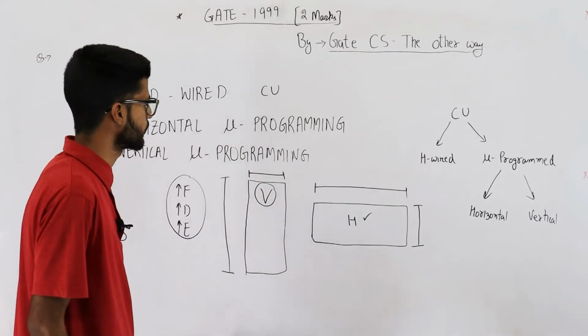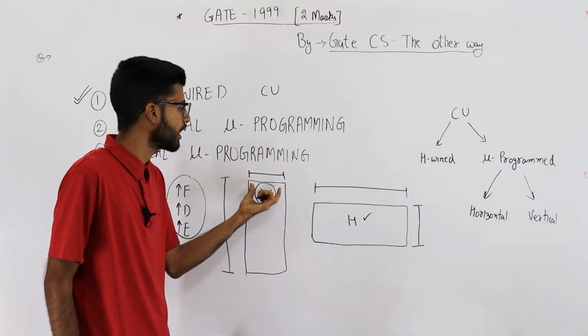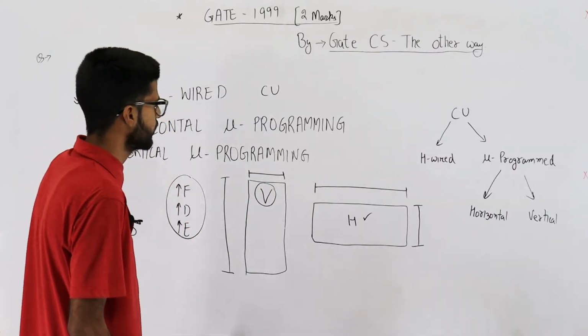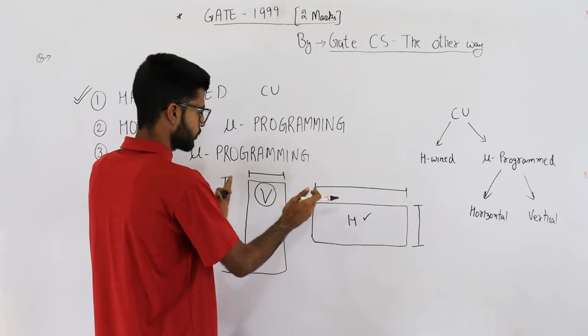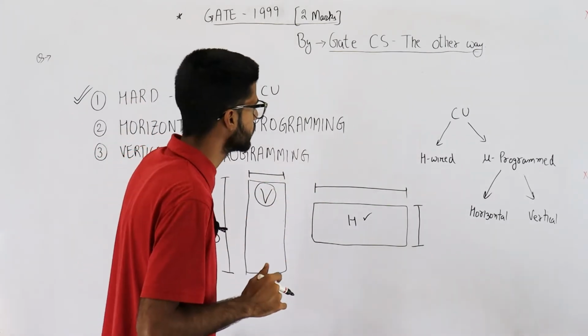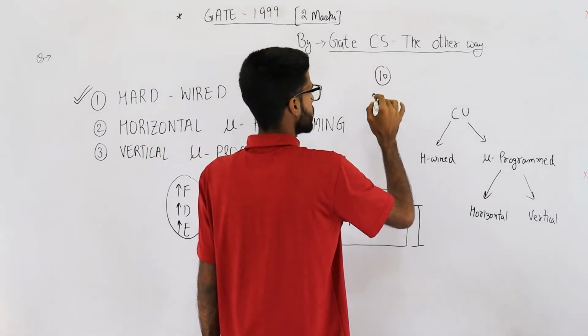Next thing is, vertical will actually have a complex decode phase because here you are trying to compress data. Say you have 10 control signals in total. You need to generate 10 control signals in total.